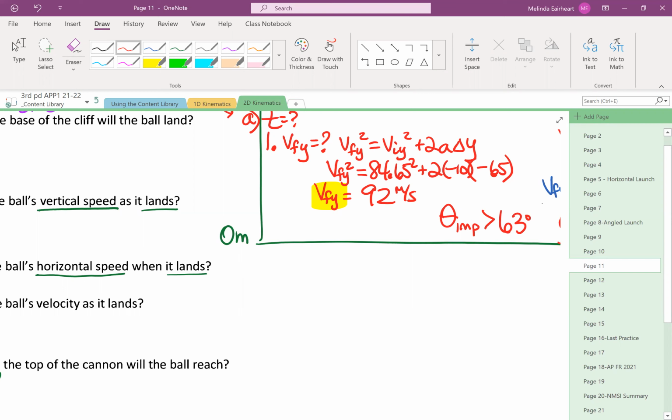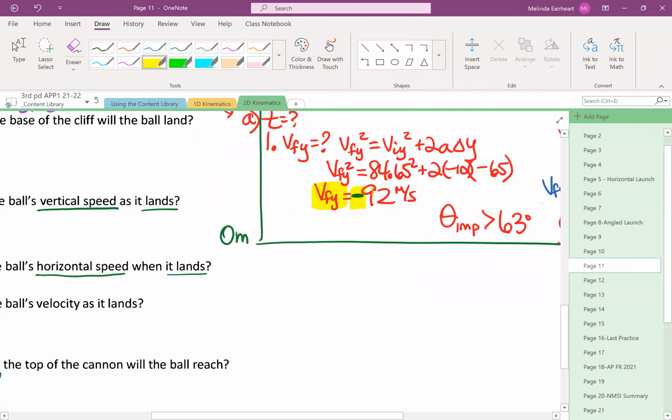But here our velocity, well, it makes sense. It could be positive, it could be negative. So the calculator gives you a positive, but no more physics than your calculator. When this thing hits the ground, it's moving what vertical direction? Down. How do we represent that here? It's got to be a negative.